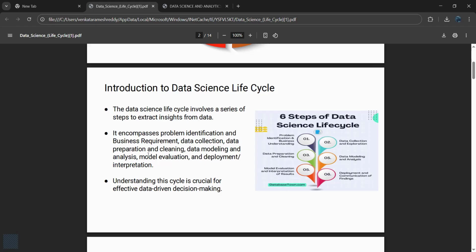Next one, model evaluation. Why is model evaluation important? After analyzing the data, if you want to create the best model, you have to evaluate whether the model is perfect or not correct, or whether the model contains any noisy data or improper data. You also have to check the accuracy and precision of the model, and analyze the performance of the model.